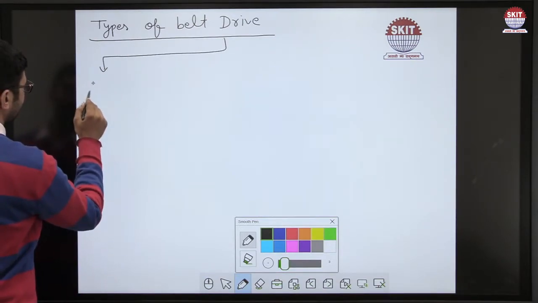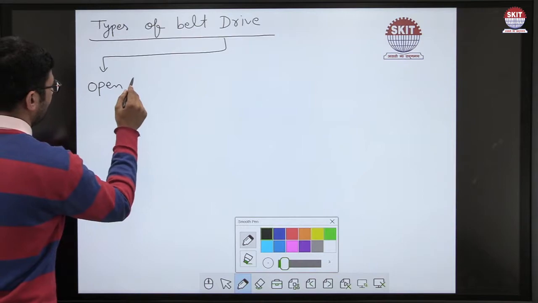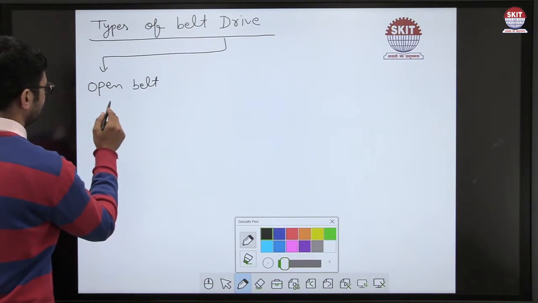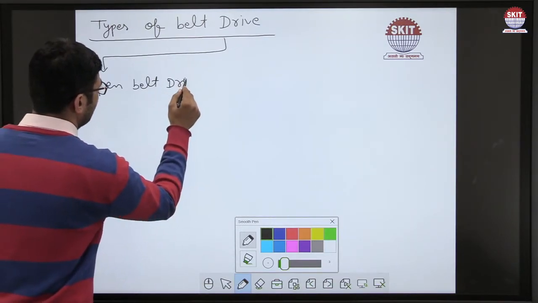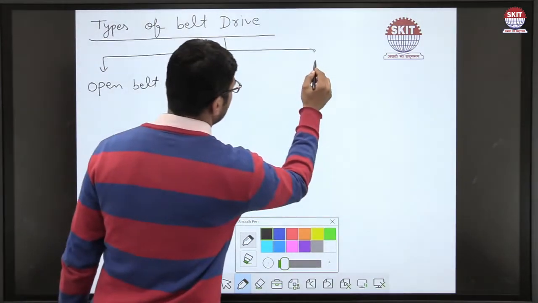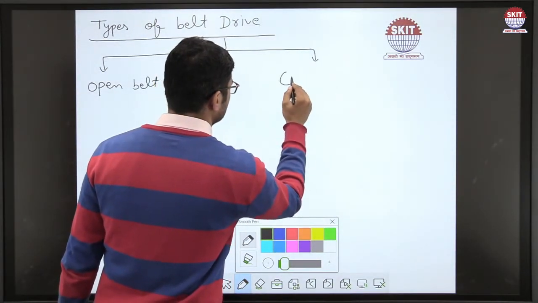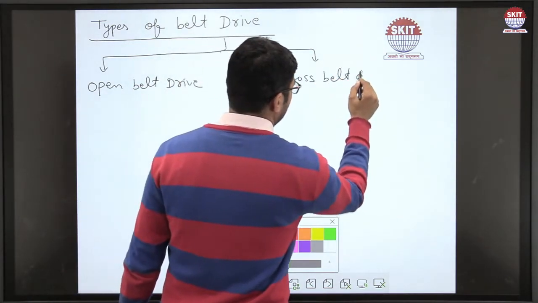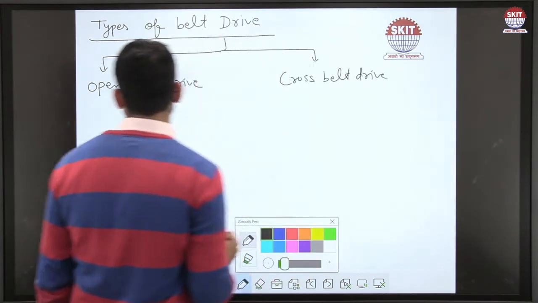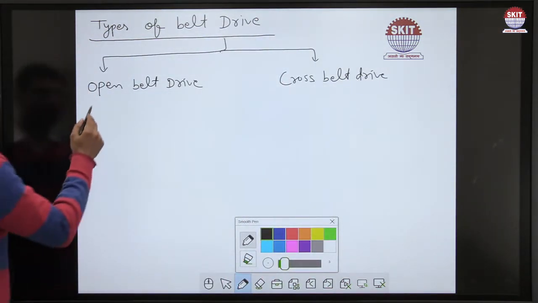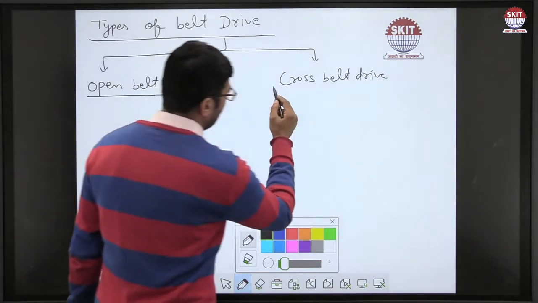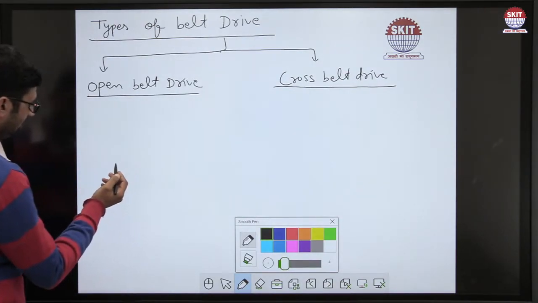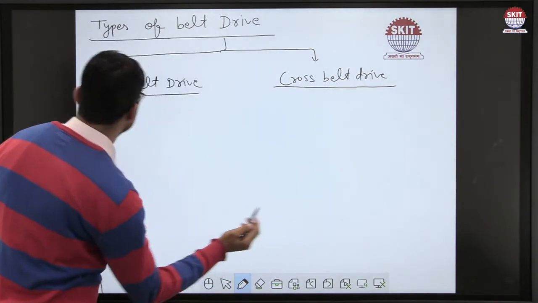One is open belt drive, and second is cross belt drive. The open belt drive and cross belt drive are clear from the figure, easily understood by diagram.